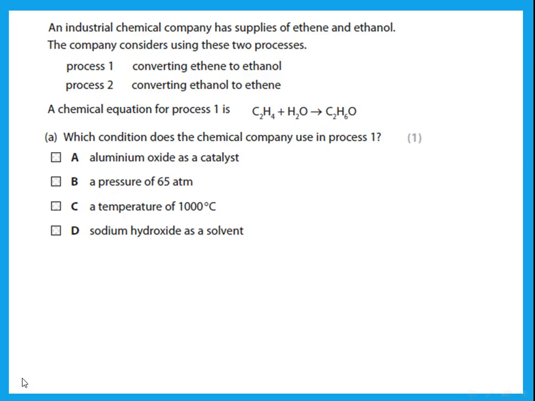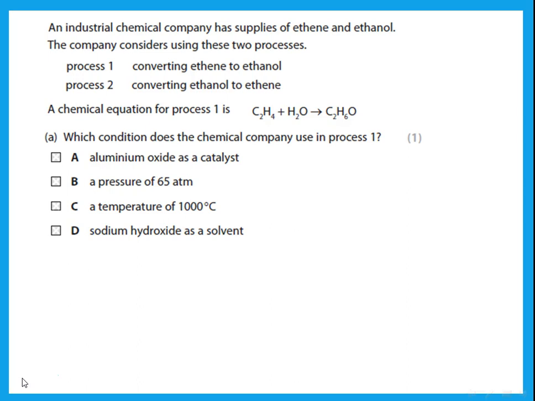An industrial chemical company has supplies of ethene and ethanol. The company considers using these 2 processes, converting ethene to ethanol and then converting ethanol to ethene. A chemical equation for this process 1 is this, where he's changing ethene to ethanol. Now, which conditions does the chemical company use in process 1?